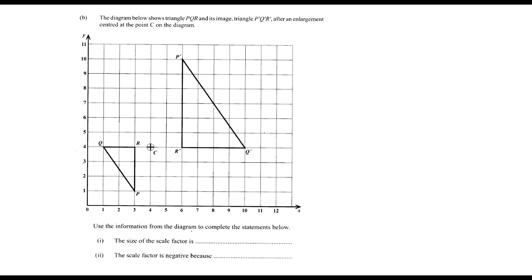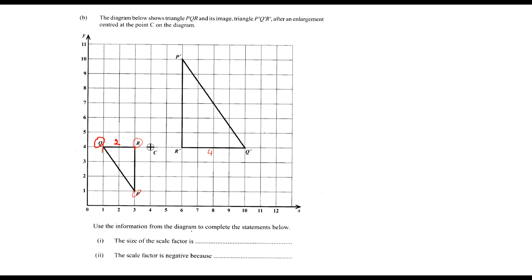Alright, so now we have some transformation here. We have a diagram that shows triangle PQR, and they have P prime, Q prime, R prime, which is an enlargement centered at the point C. They want to know the scale factor. All you need to do is look at one length. So let's say QR, this is 2 units, and QR for the image is 1, 2, 3, 4 units.